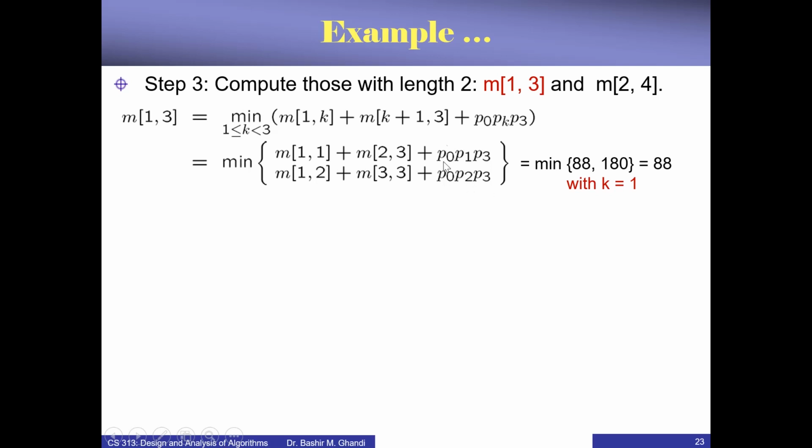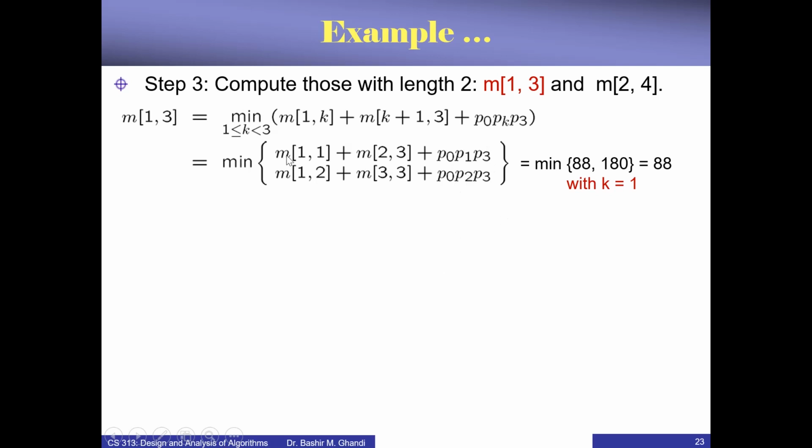Notice that the P0s are going to be the same as the P of i minus 1, which is P0, and the last P is just P of J. The middle one is K. So if K is 1, you will have P1, if K is 2, you have P2, and so on.